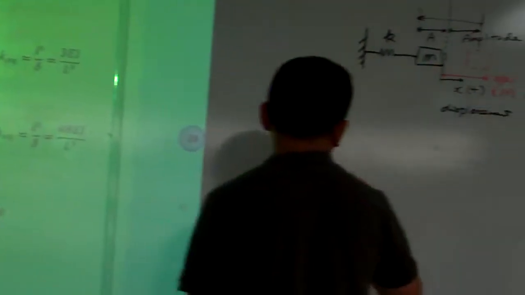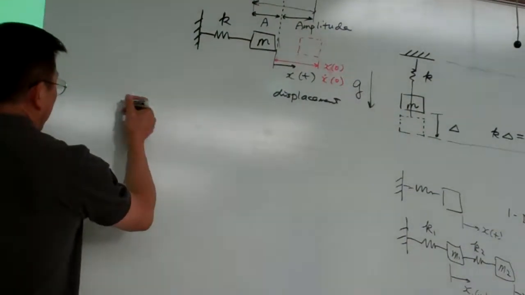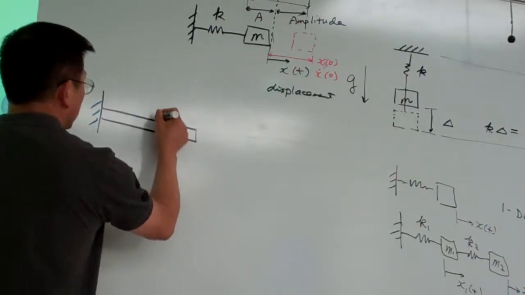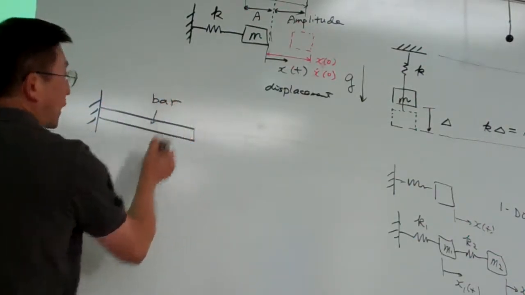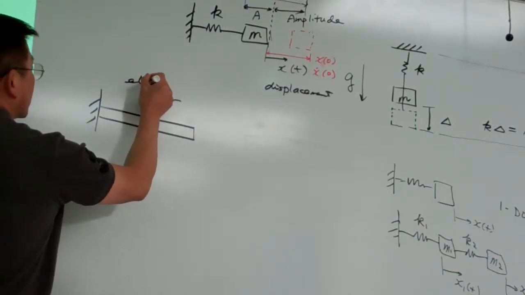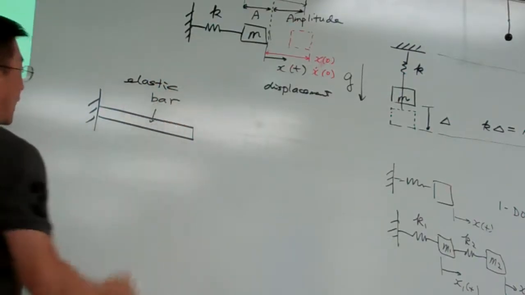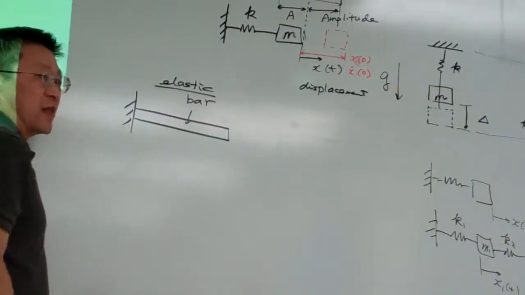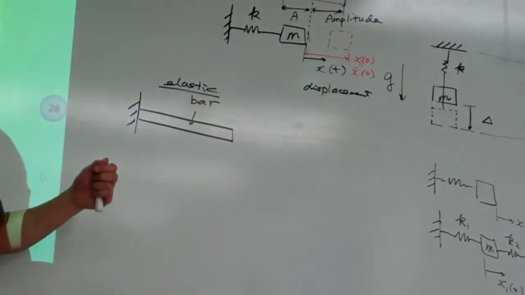If we have any continuous system, for example, we start from here. Say, for example, this is a bar, and actually this is an elastic bar, and elastic means it's deformable.